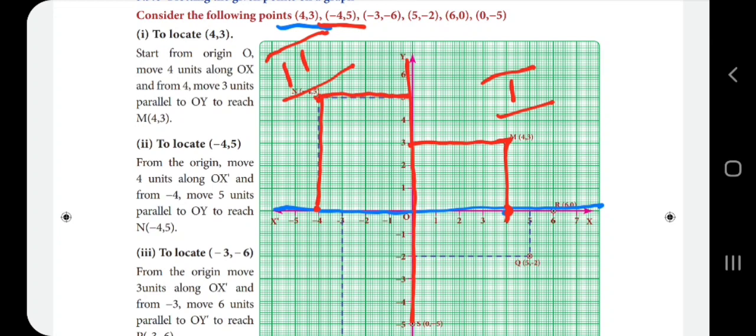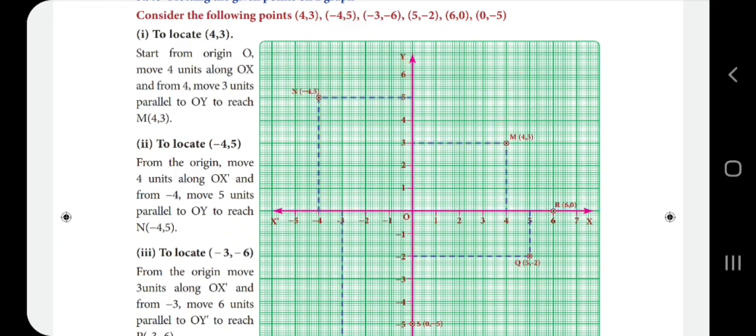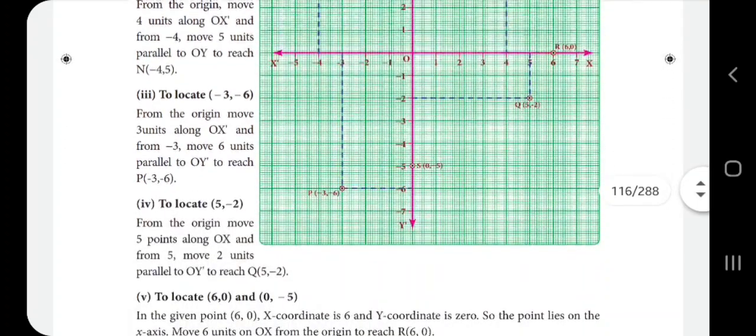Then (-3, -6): minus 3 on the x-axis, then minus 6. Minus comma minus is located in the third quadrant. Then plus comma minus is in the fourth quadrant.